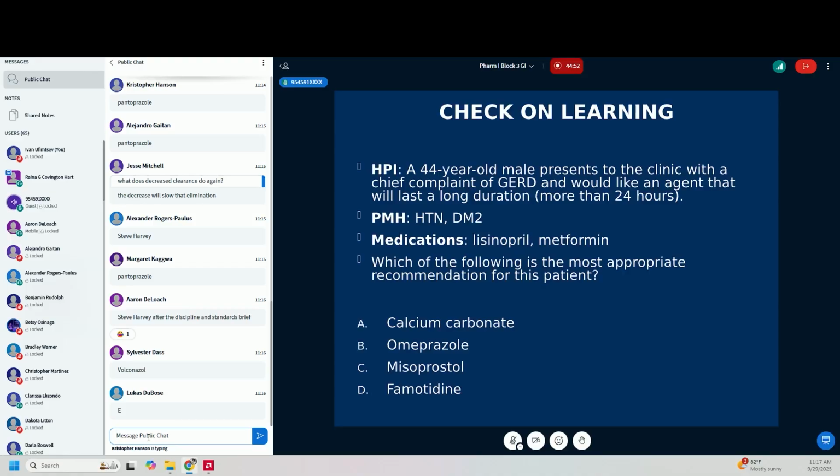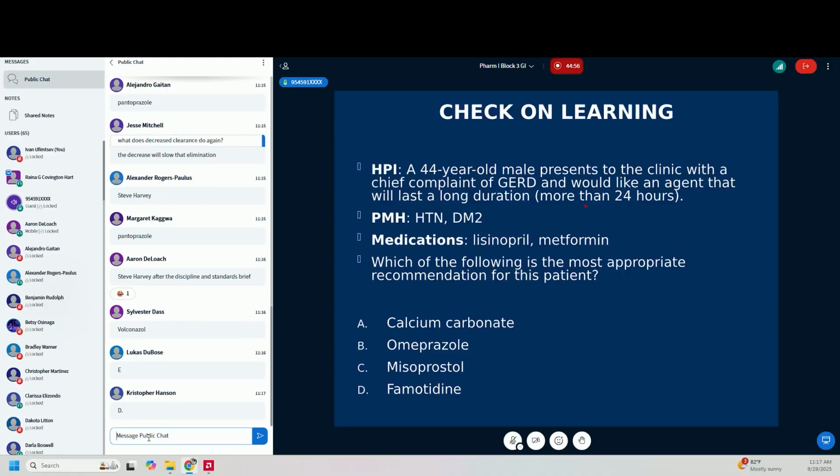Okay, so when we're looking at this, some of the key words that I want you to pay attention to: I want something that is long acting, right? I don't want to take this medication often. I'm trying to say, hey, give me something to where I'm not frequently taking my medication. The only ones that we talked about that had that benefit were our proton pump inhibitors.